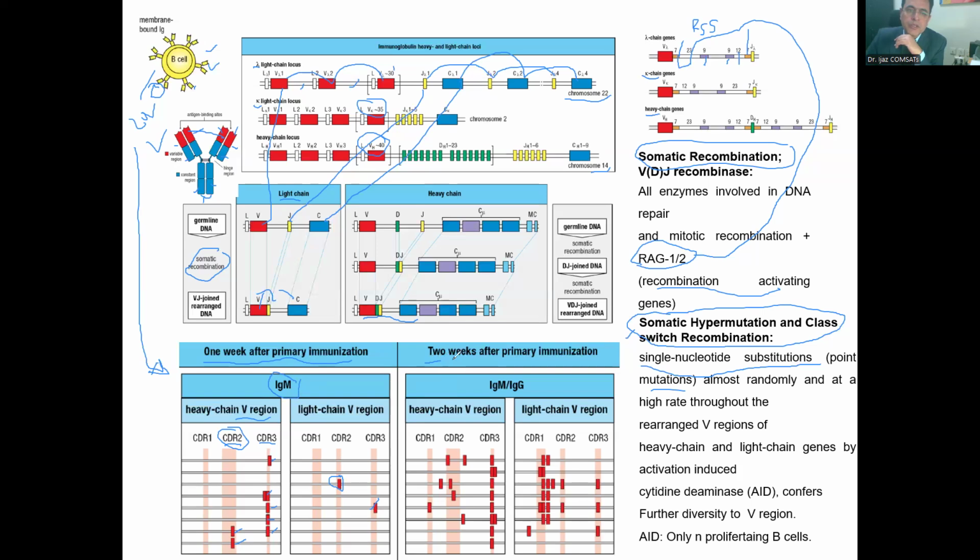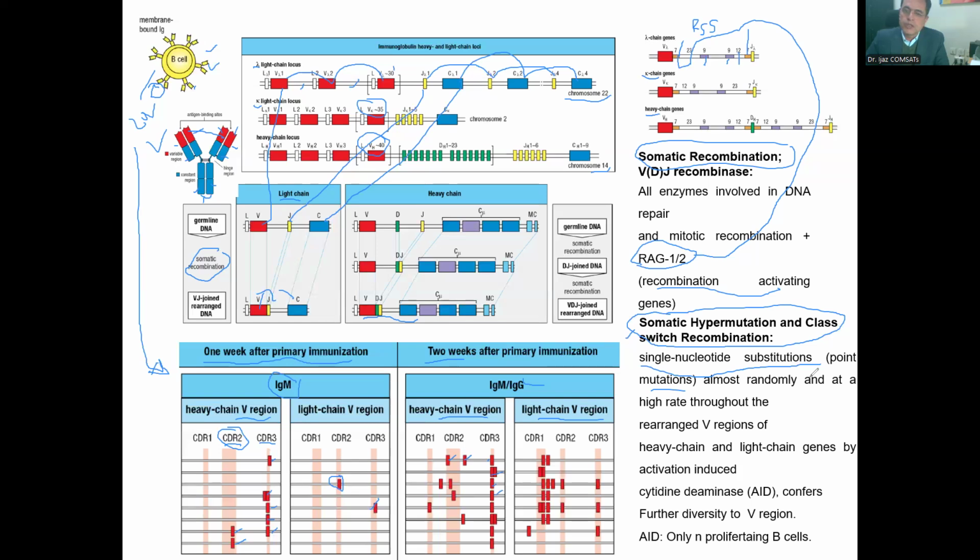But after 2 weeks of immunization or infection, you would find that IgG would have started appearing in the serum of a particular person who was infected or immunized. In that case, when you sequence these variable regions of the light chain and heavy chains, you would find many different mutations that have happened here.